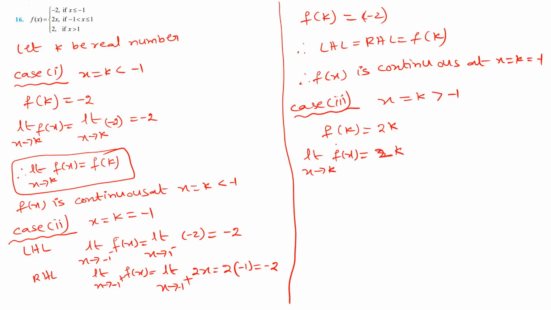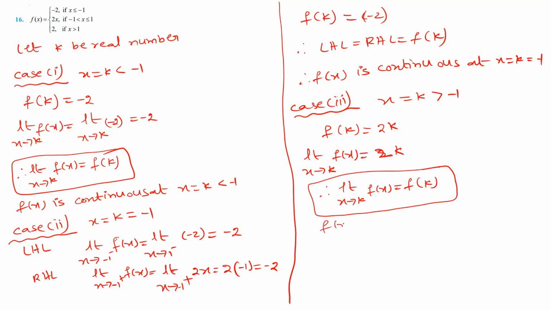Okay. Therefore, limit x tends to k, f of x is equal to f of k here. Okay. So f of x is continuous at x is equal to k, which is greater than -1.